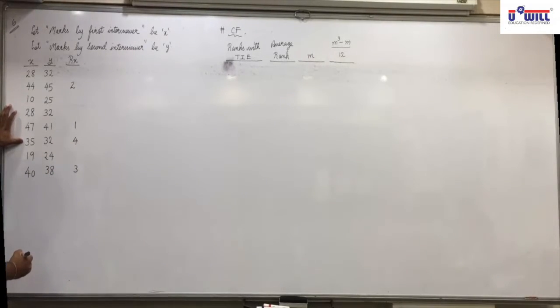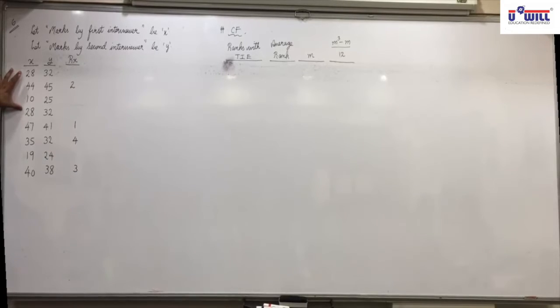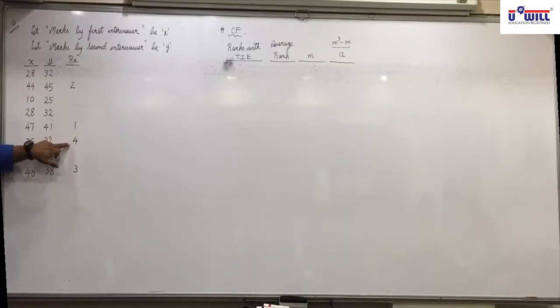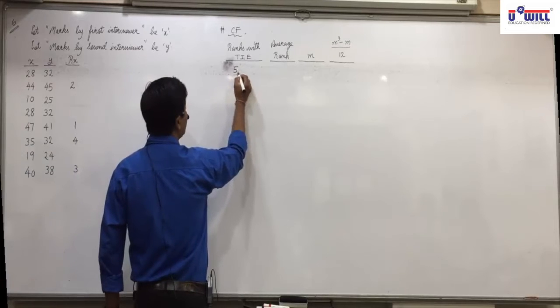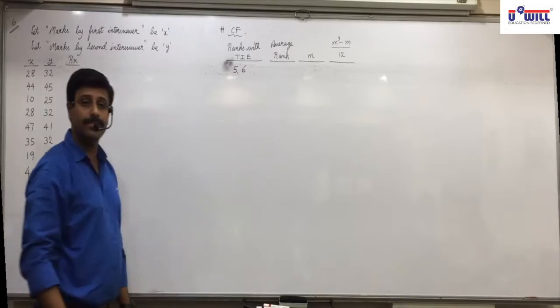Now after 35, 28 appears 2 times. Listen everyone. After 35, 28 appears 2 times. So after rank 4, there is a tie in which ranks? 5 and 6. Okay? Ranks with tie 5 and 6.